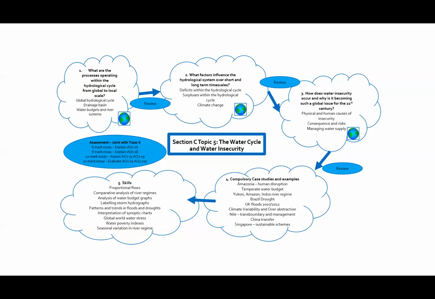Whatever you don't get for water, you'll get in the energy section, because they're combined in what we call Section C. What I do know is the command words will be explained for the 6 and the 8 markers, and they'll be purely knowledge. It'll be an assess for a 12 marker, so 3 marks for knowledge and understanding, 9 marks for application, and there will be a 20 mark evaluate, which has 5 marks for knowledge and understanding and 15 marks for your application.